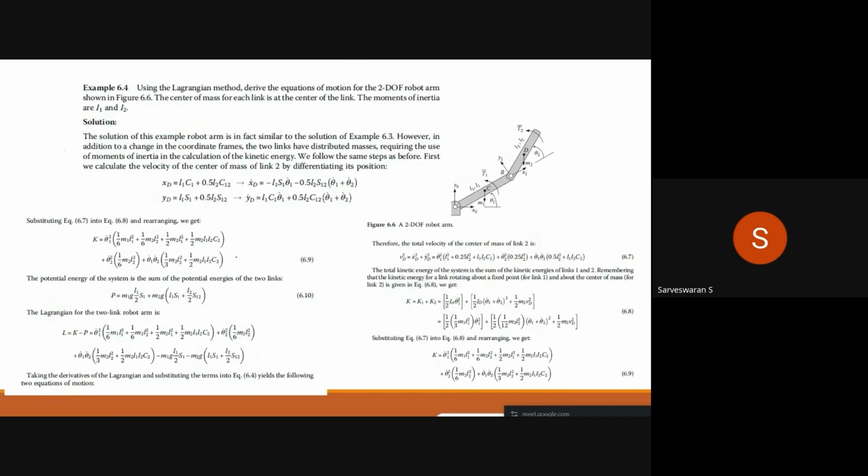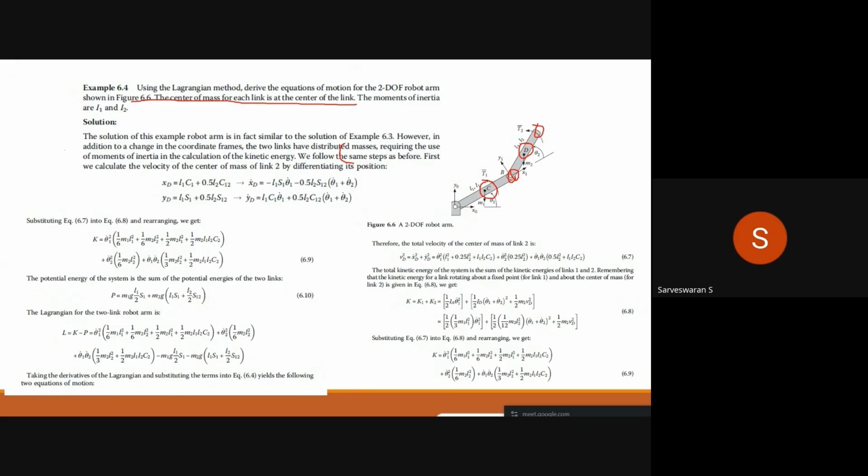There are also scenarios where you have a 2 DOF robot with the center of mass of each link at the center of the link. So the scenarios change: earlier it was concentrated mass at the end, and now the center of mass of each link is at the center of the link. So the center of mass is getting changed and you have to derive the relation. Mostly they won't ask this in a tough way in exams; even if they ask, they go for the basic concentrated mass at the end.